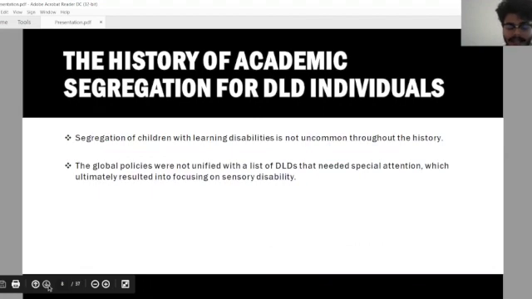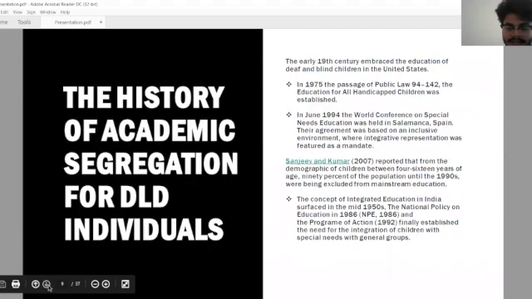And although the research on DLD represents a prime subject of learning disability, the global policies were not really unified with a set list of DLDs that needed special attention, which is ultimately the reason why it resulted in focusing on sensory disability and progressing eventually over what we know as learning differences for specific individuals today. The early 19th century embraced the education of deaf and blind children in the United States.